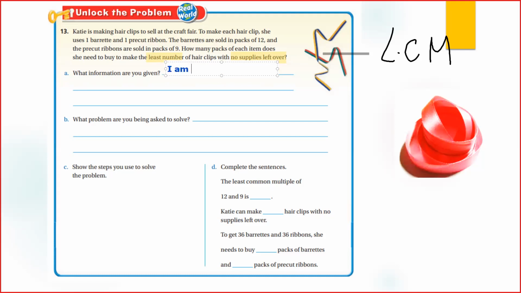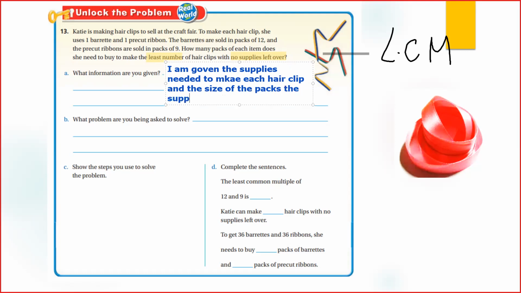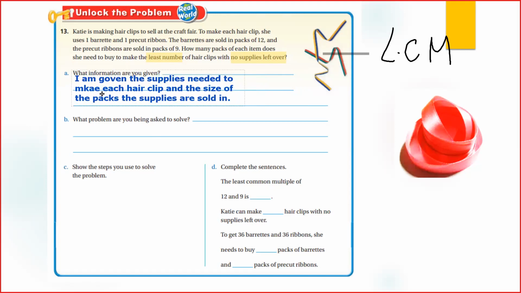Let's say I'm given the supplies needed to make each hair clip and the size of the packs supplies are sold in. This is what the information given is.